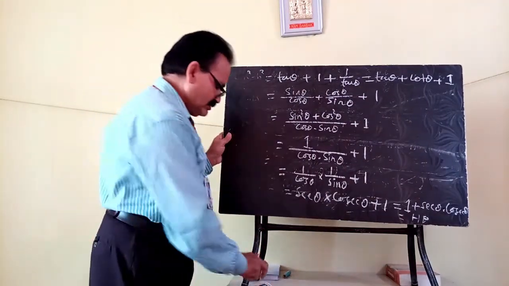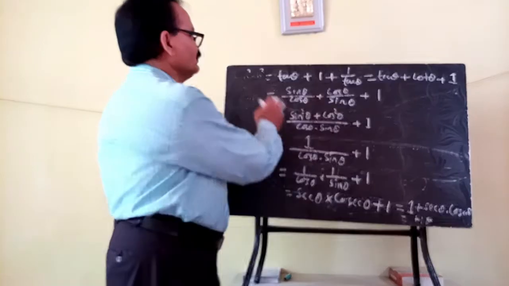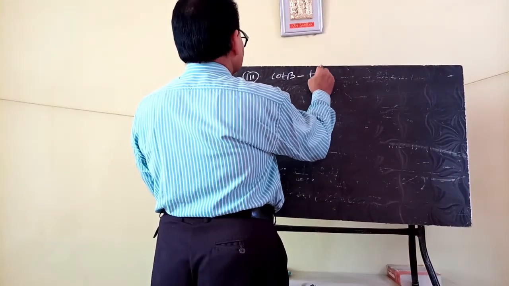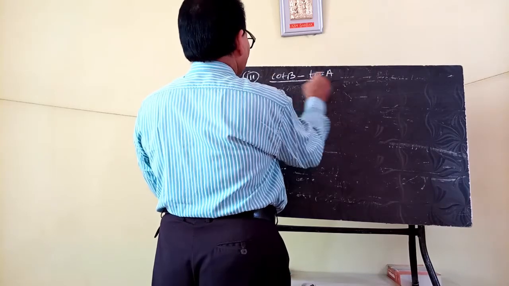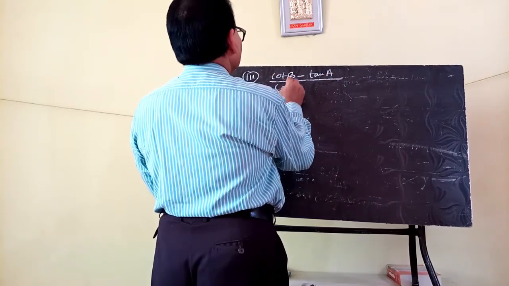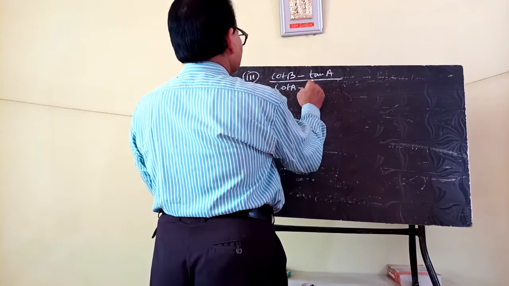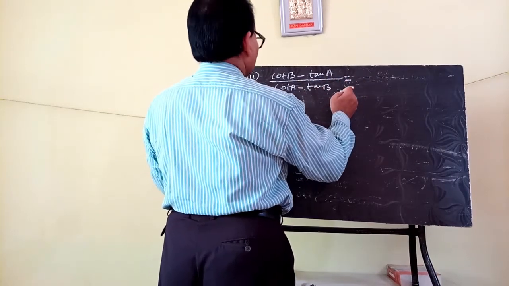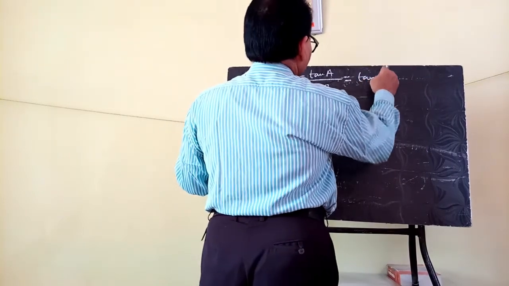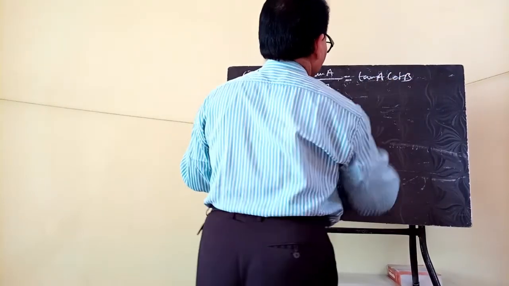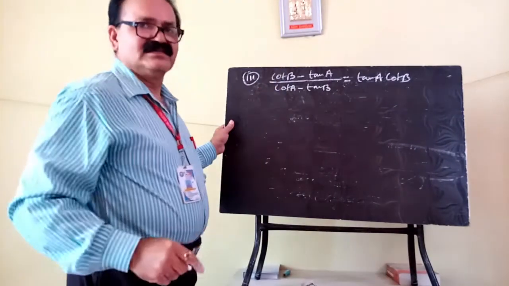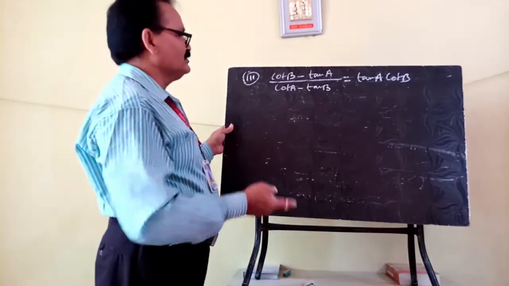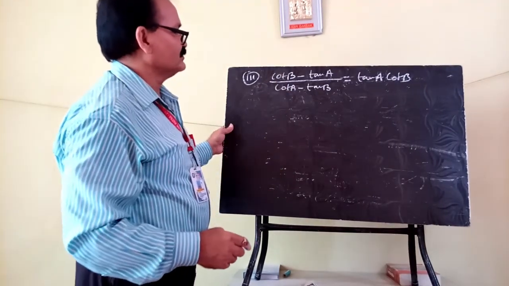Okay, for the next question I have to remove this. So the third question is: (cot B minus tan A) by (cot A minus tan B) equals tan A into cot B. This is also one of the tricky questions because there is no direct relation.